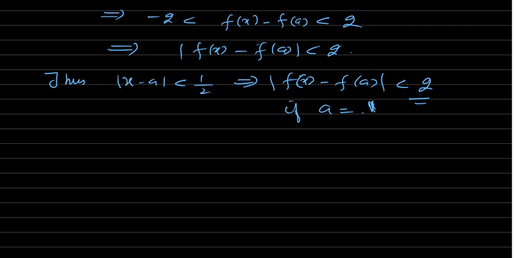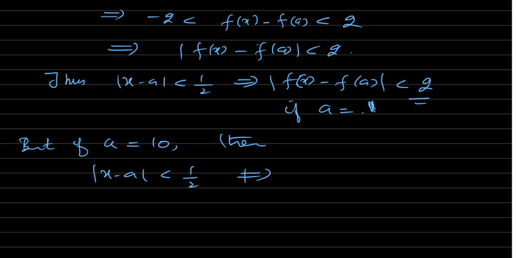But if a equal to 10, then does mod of x minus a less than 1 by 2 imply mod of f of x minus f of a less than 2?